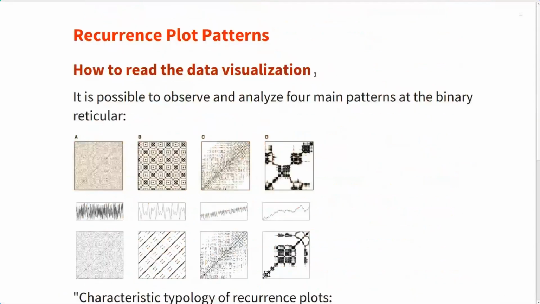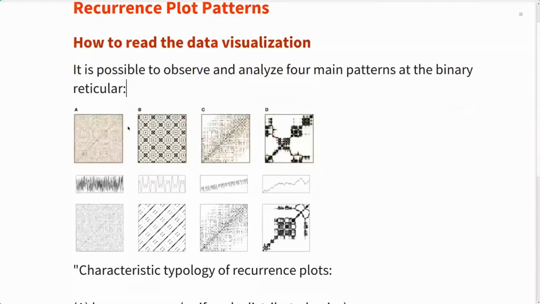First of all, how to read a recurrence plot. Usually a recurrence plot is a binary matrix with black and white dots. We can notice the pattern, and the pattern means the kind of information we have in the input vectors.